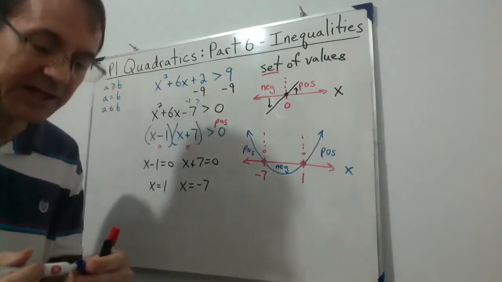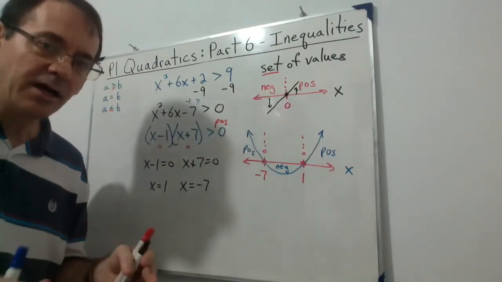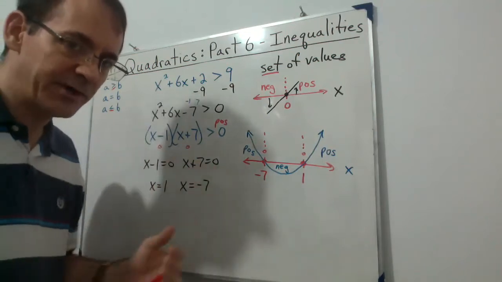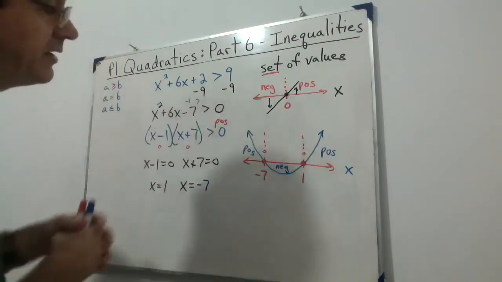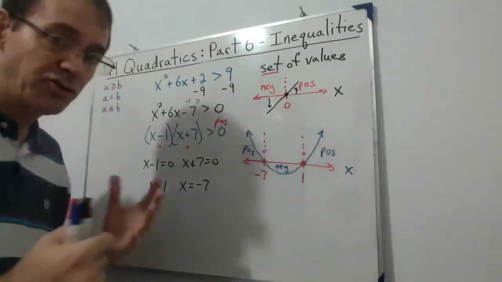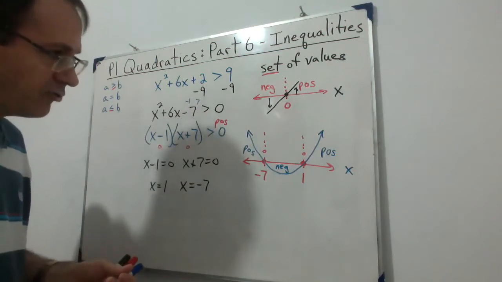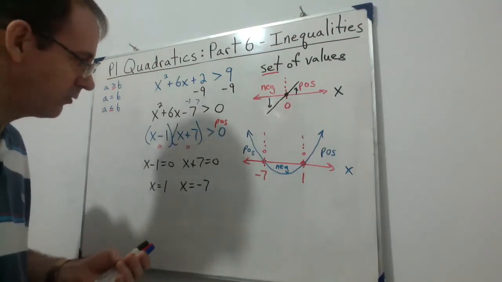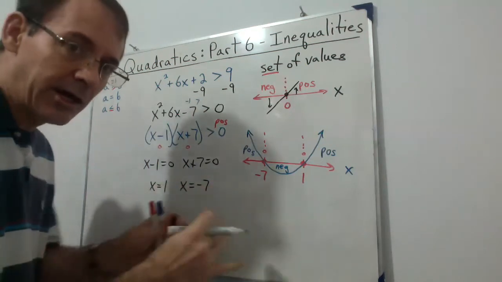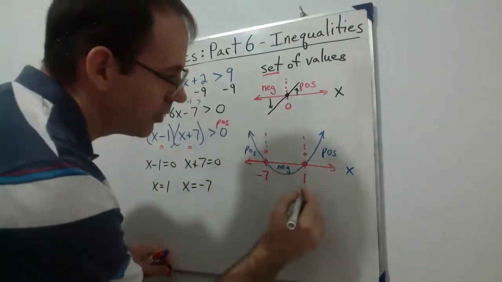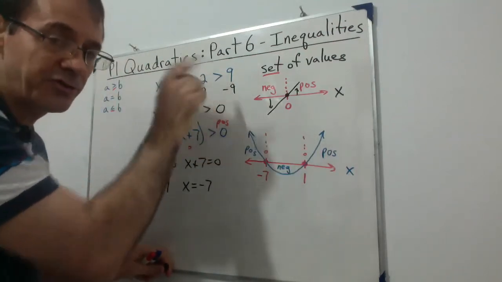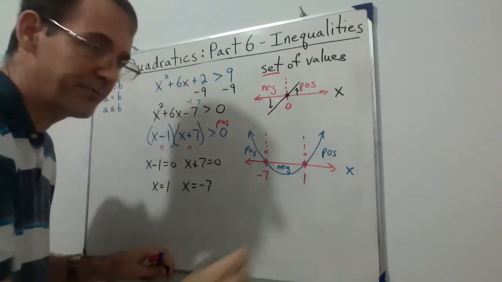So now we've identified the sections of the answer set that generate positive or negative outcomes. This one wants the positive outcomes, and we can see that there are 2 of them. So when there are 2 positive outcomes like this, we want to write our inequality statement. Again, there was no equal to on the original, so we are not going to use equal to in our final answer.